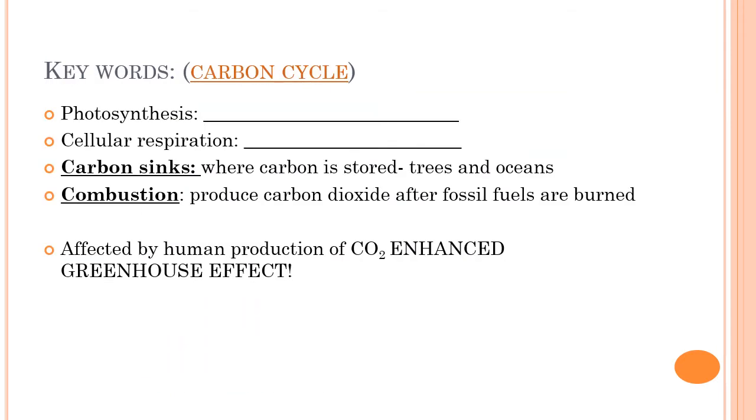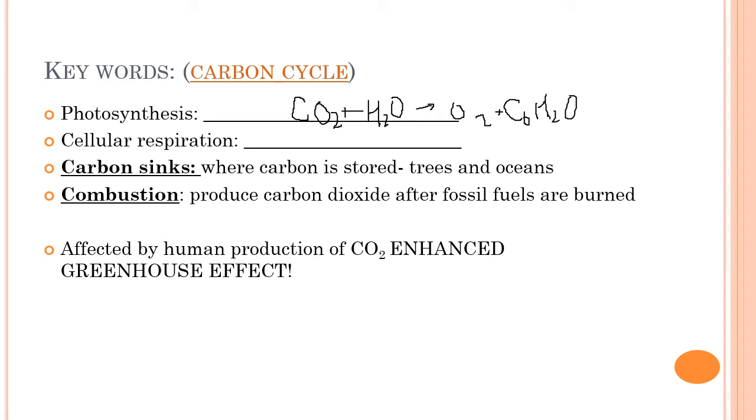Here are the keywords for the carbon cycle. Hopefully we remember the formulas for photosynthesis are CO2 plus H2O. And so these are the key ingredients for every plant to grow. And what they make is O2 plus simple sugars, or C6H12O6.